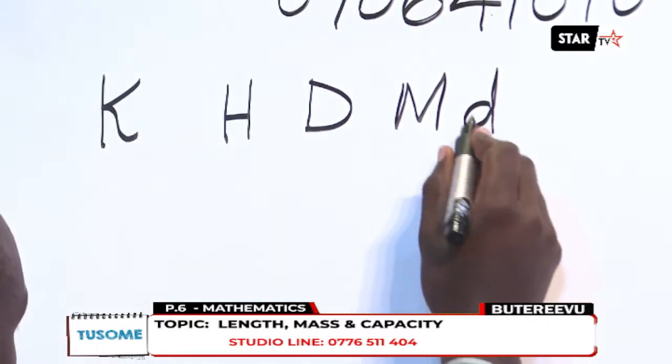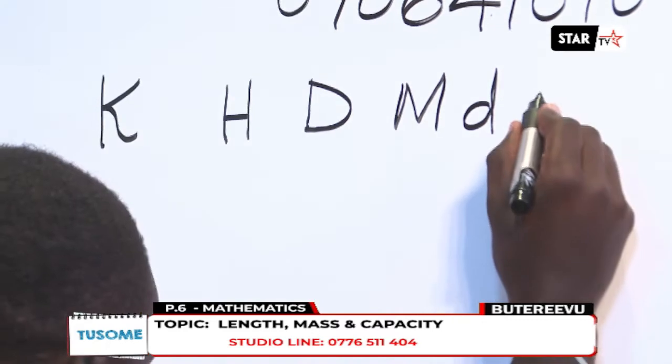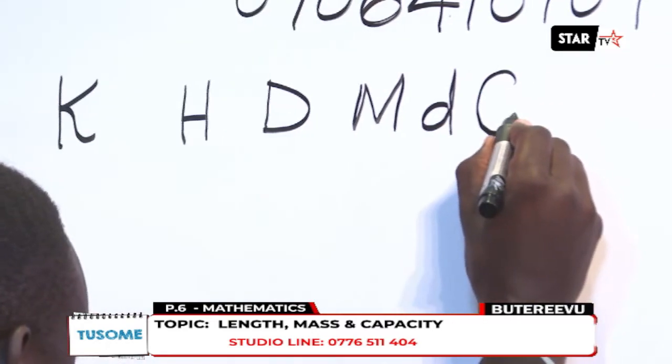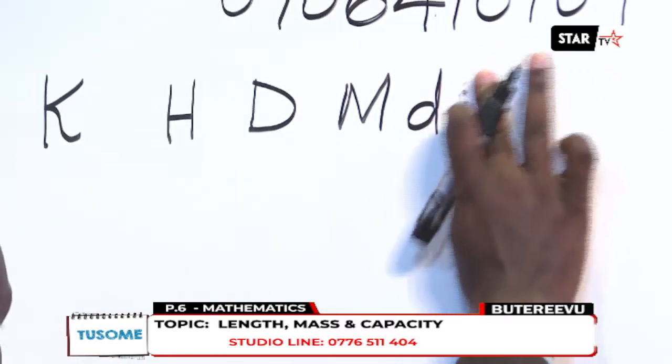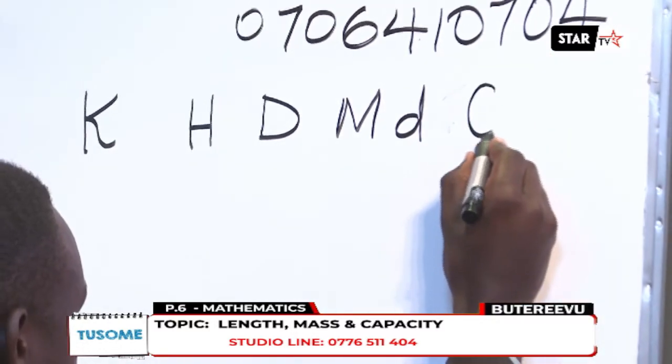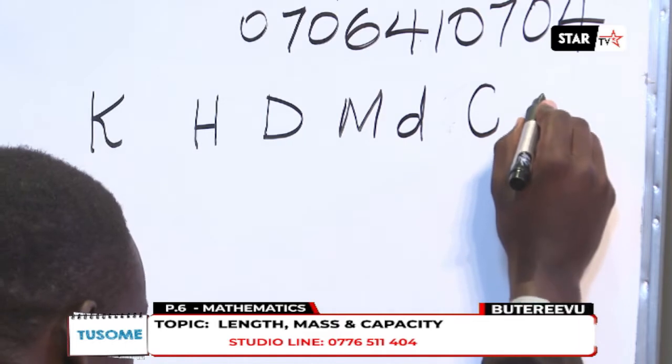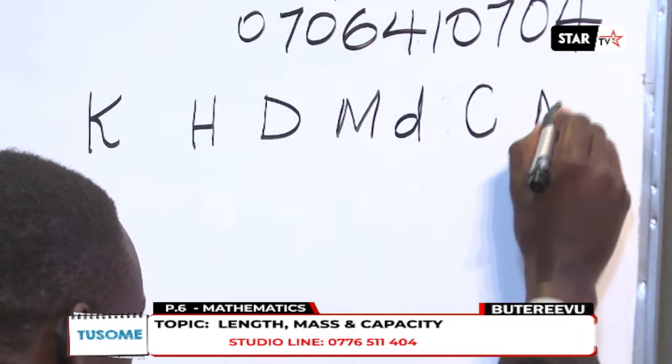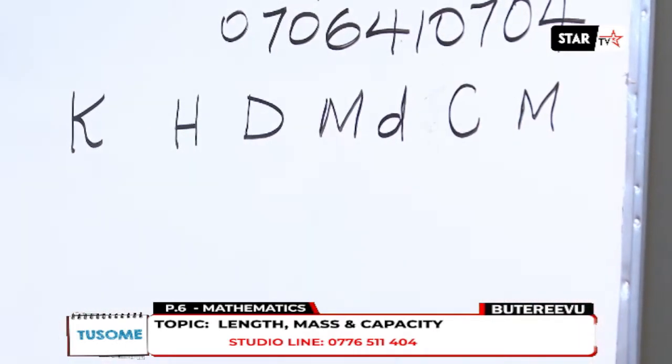Then from there we shall proceed and have C. Then we can have D, then some space, then we have C. Then from there we shall have another M. But remember, in today's lesson, we are going to specifically look at length.